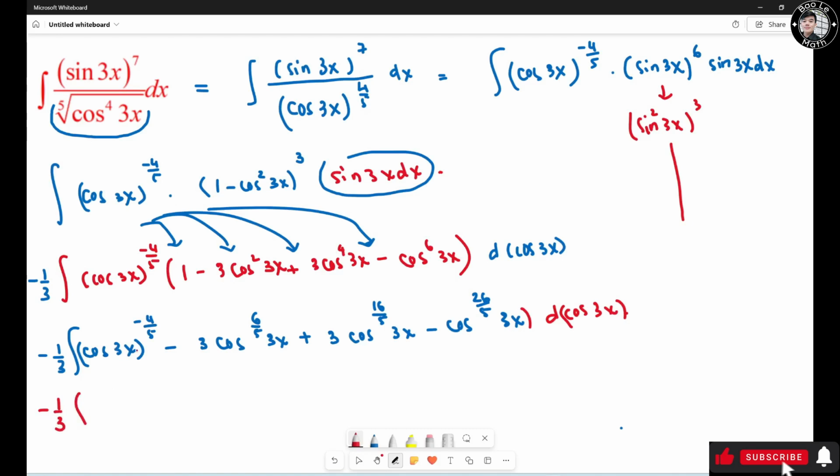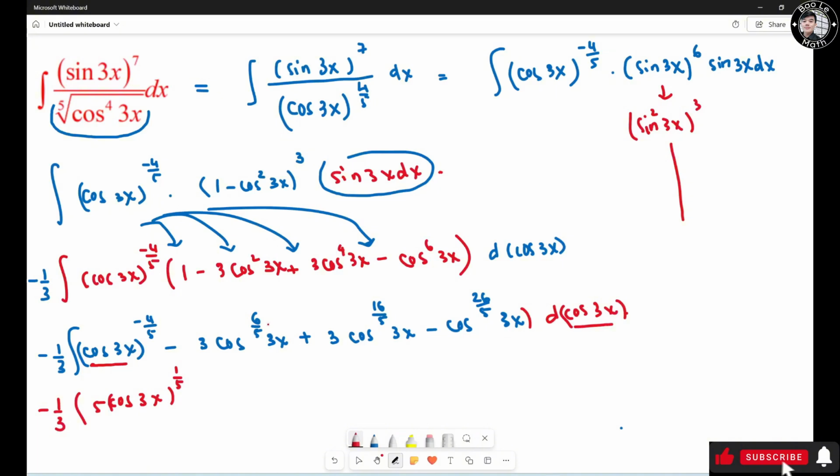Now I need to take the antiderivative of this one. The new variable in this situation is going to be cosine 3s, because this is d cosine 3s. So I have cosine 3s to the negative 4/5 plus 1 over negative 4/5 plus 1. So it turns out to be 5 cosine 3s altogether raised to the 1/5.